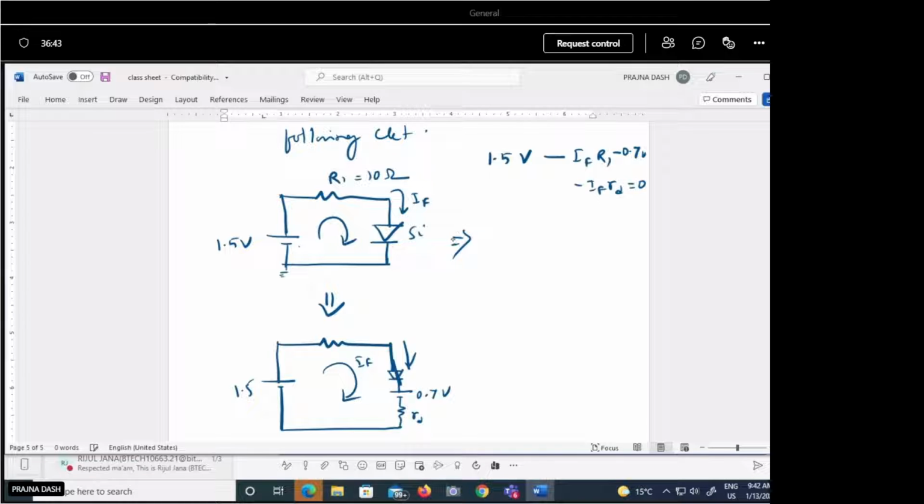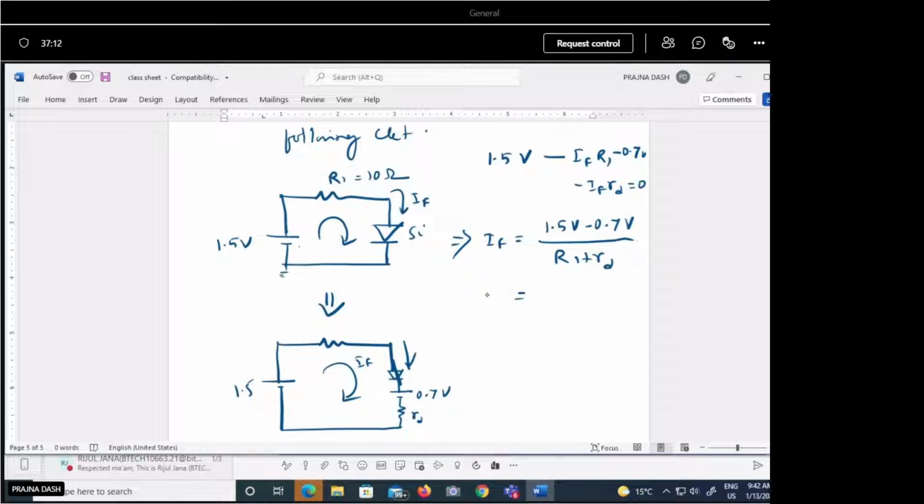So from here we can get the value of IF. IF is equal to 1.5 volt minus 0.7 volt divided by R1 plus RD, that is the resistance offered by the diode plus the resistance of the circuit. Both resistances we have to consider, and you just take the voltages.